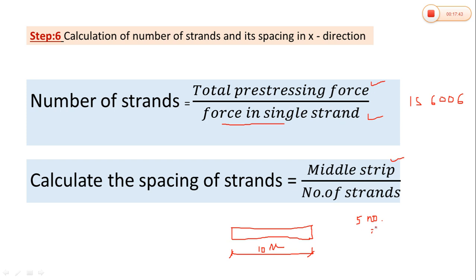So 10 divided by 5 means 2 meter, so at every 2 meter distance we are going to provide the strands. This is step number 6, calculation of the number of strands and their spacing in a particular strip of the slab.